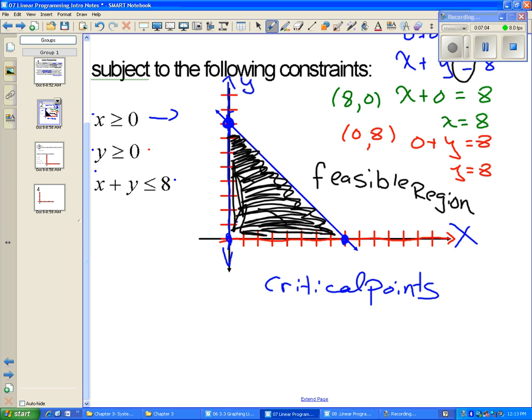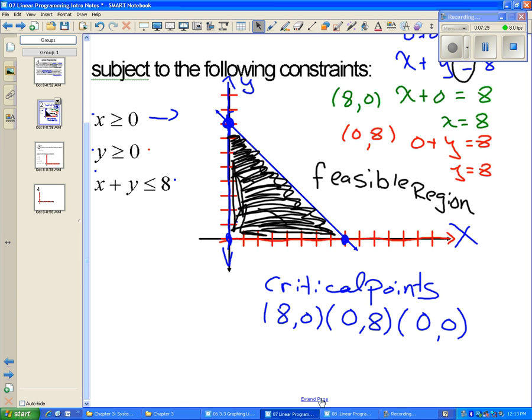My vertices are the 3 points: 8, 0, where my line crosses the x-axis; 0, 8, where my line x plus y is less than or equal to 8 crosses the y-axis; and my origin, where my two axes come together.